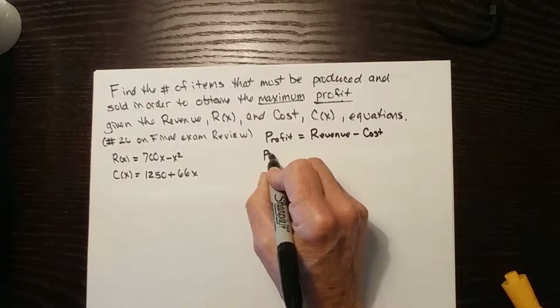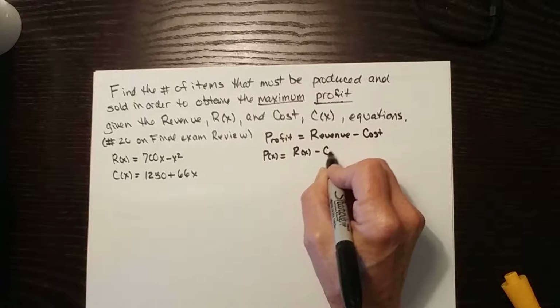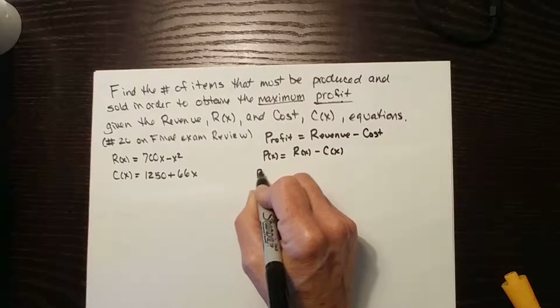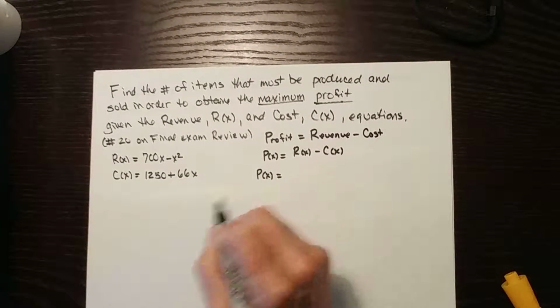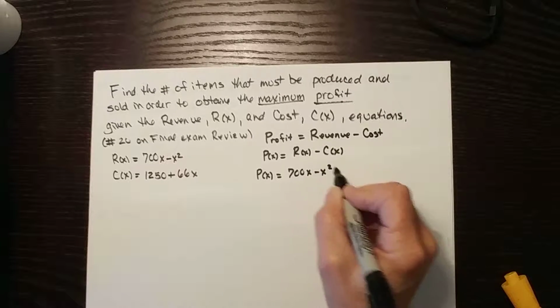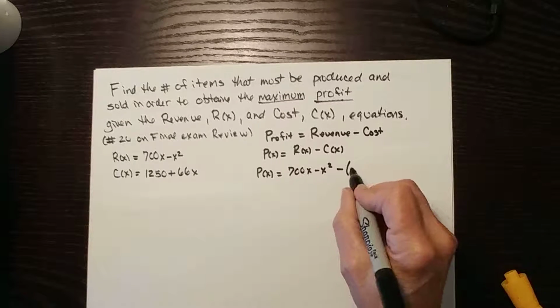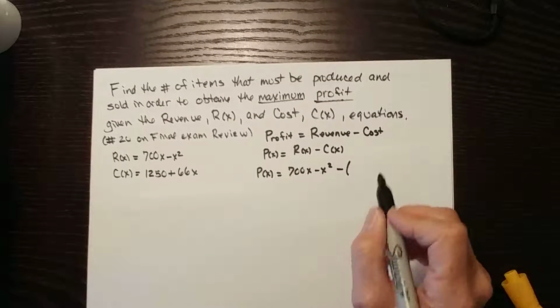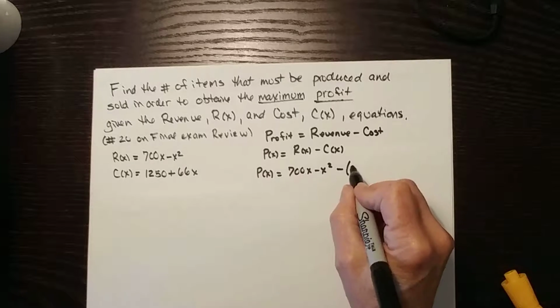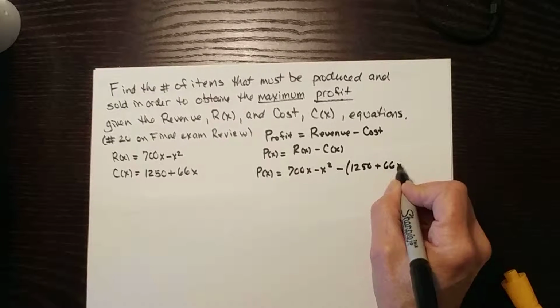So in general, P of X is the revenue minus the cost. Here we have P of X is equal to the revenue, which is 700X minus X squared, minus the cost. I'm using parentheses because this negative will distribute to each term in the cost equation: 1250 plus 66X.